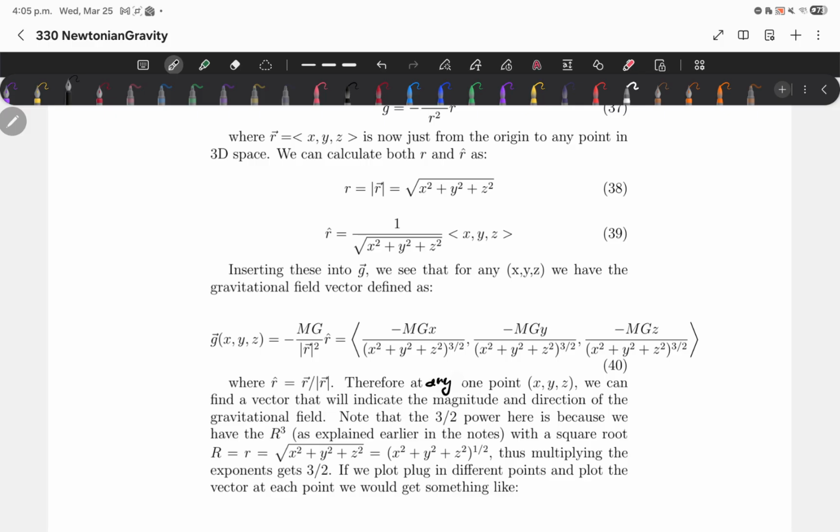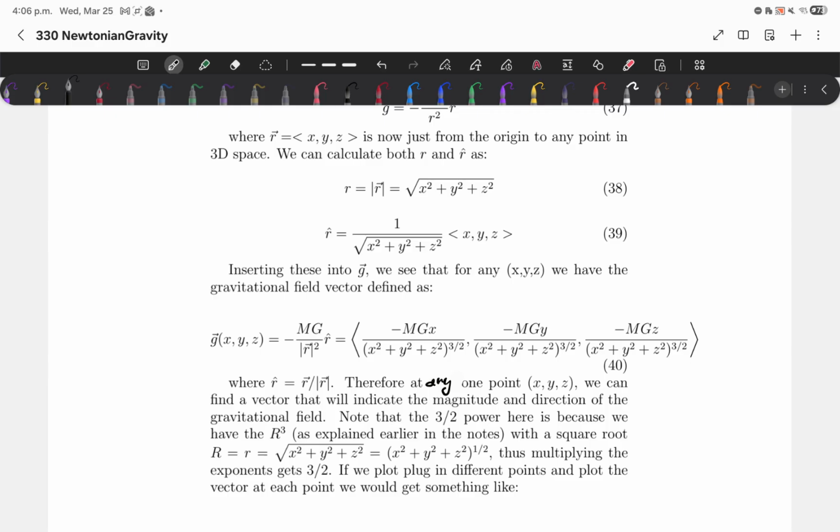The over 2 comes from the square root. We often have this 3 over 2 exponent when we do these gravitational field type problems. So 3 over 2 is not uncommon to see when you calculate this type of stuff. All right, so we have our gravitational field. We can take a bunch of numbers and plug them in and see what we get.